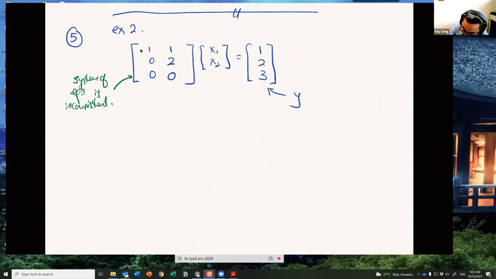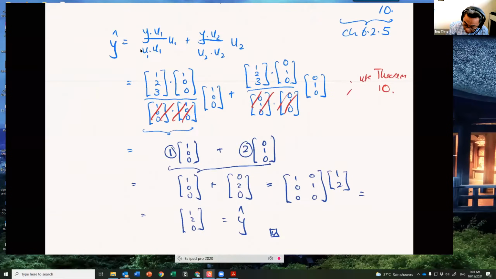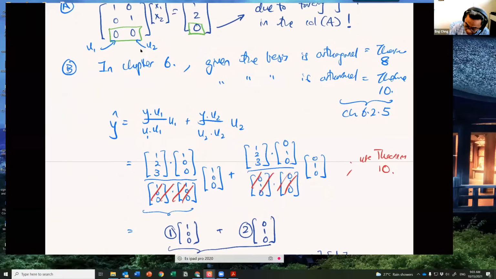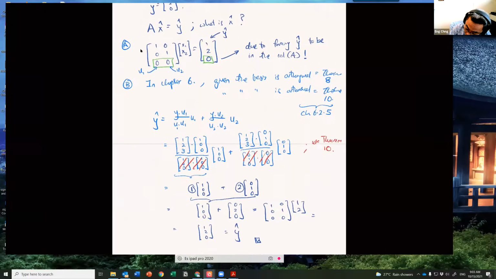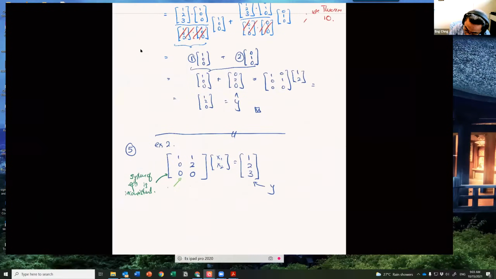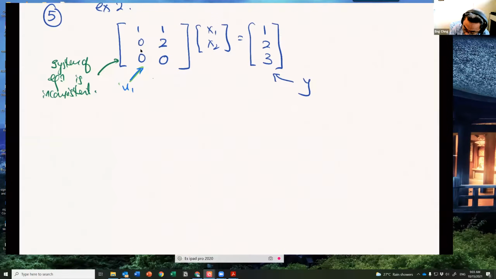Now, let's do it graphically again. This is U1, in blue. Let's call this U1 again, and let's call this U2 again.